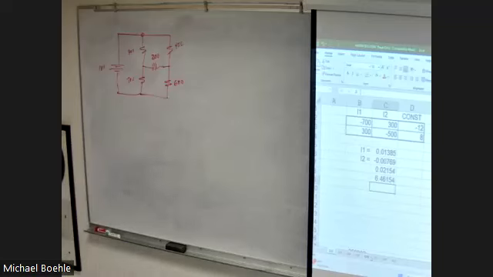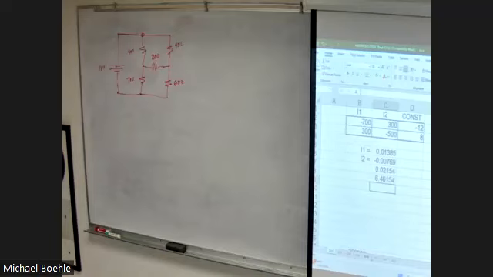So, branch analysis. 6 different currents. I have to come up with 6 unique equations, right? Because if I repeat an equation, it won't solve. That'd be unique. I'll tell you right off the bat, that's true. How many circulating currents do I have?